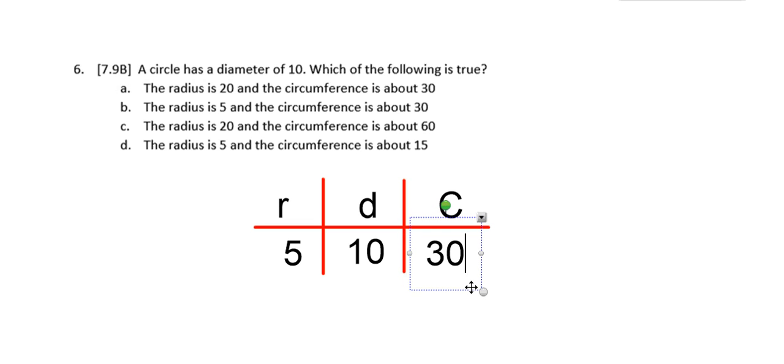A little bit more than 30 because it's times pi. So the radius is 5 and the circumference is 30. Correct answer is B. Got to get a little bit better at drawing my circles. Correct answer is B as in boy.